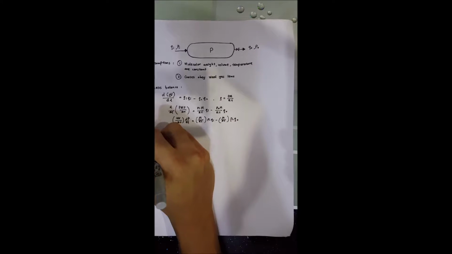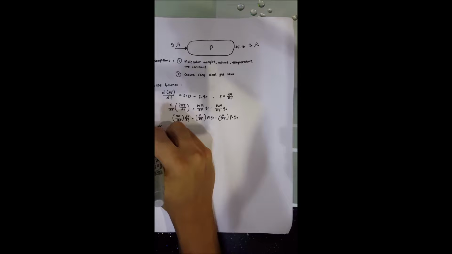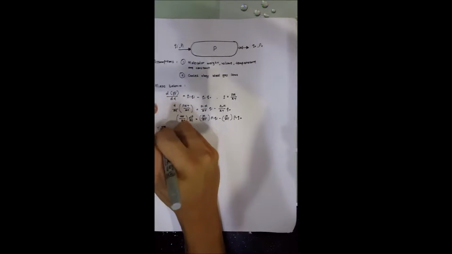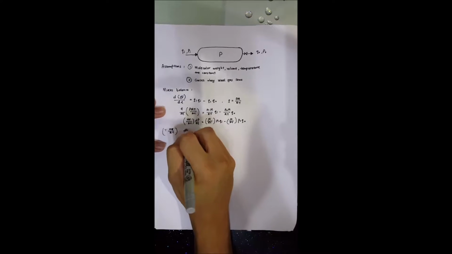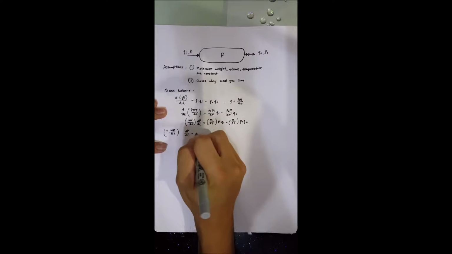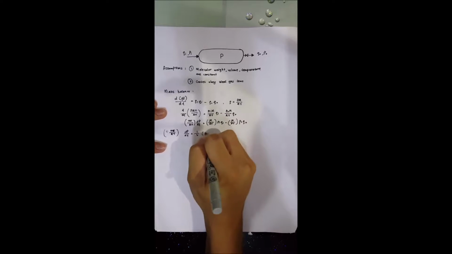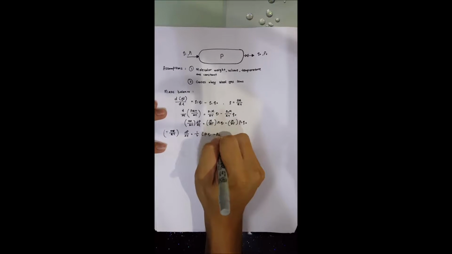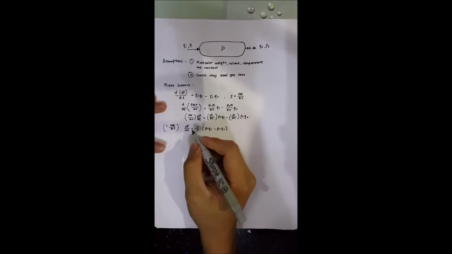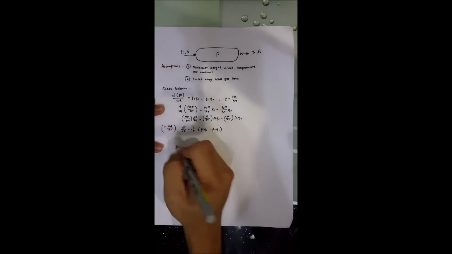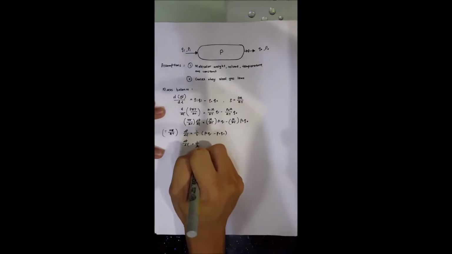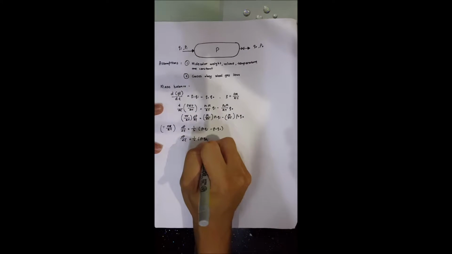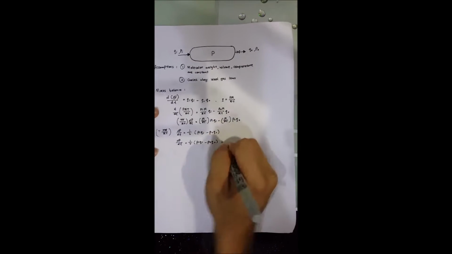To further simplify the equation, we divide both sides by mV over RT. And this is the dynamic model we get.